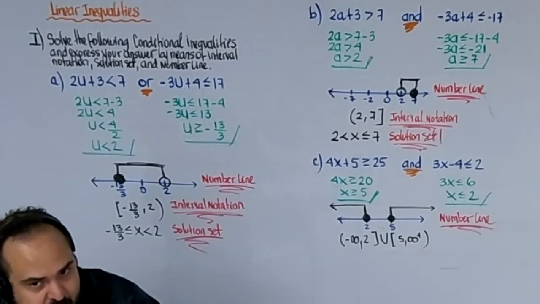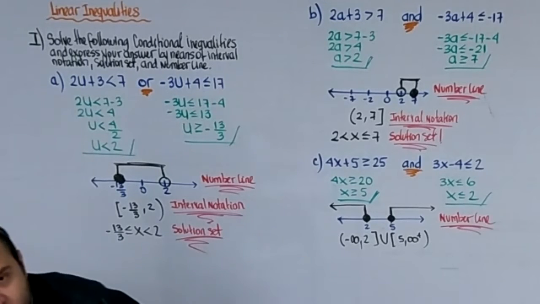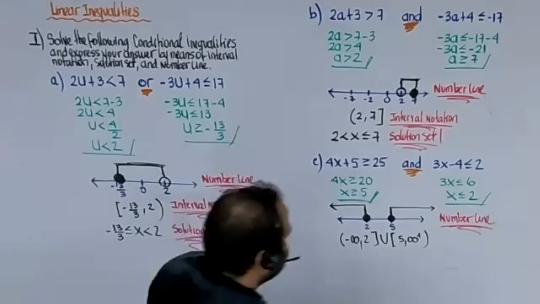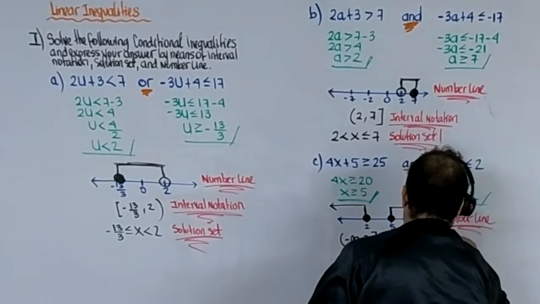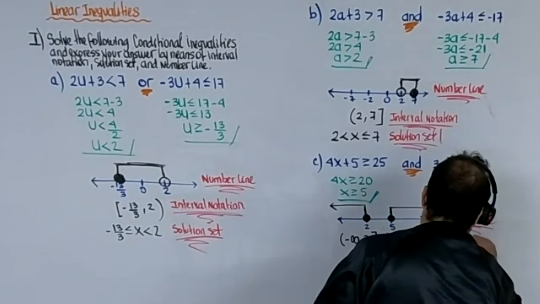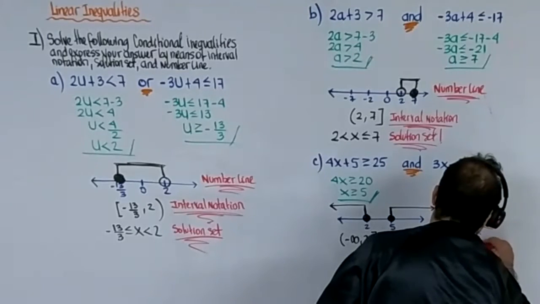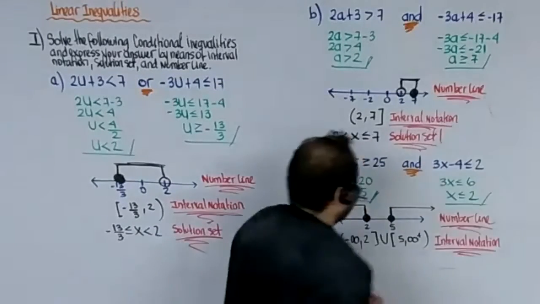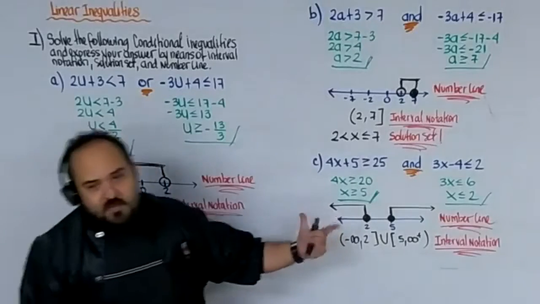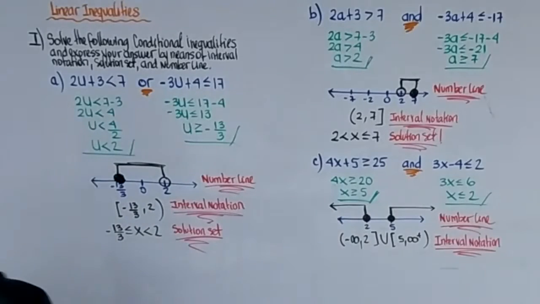Understood? Okay, so this is going to be the interval notation. And that's going to happen if and only if, at the moment we graph the number line, we have two arrows in opposite directions.